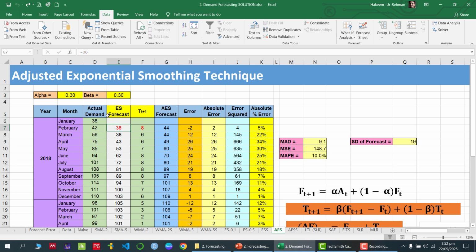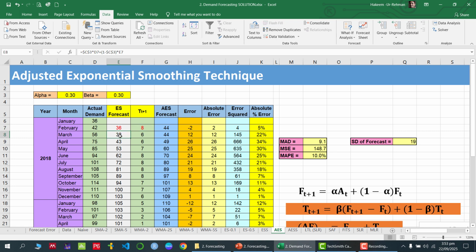As I mentioned earlier, for simple exponential smoothing we apply the naive approach to get the first value, and for the trend component you can use the second value minus the first value, or pick any number randomly. Right now I am using 8, but the better way is to apply the second value minus the first value, as that is more appropriate.